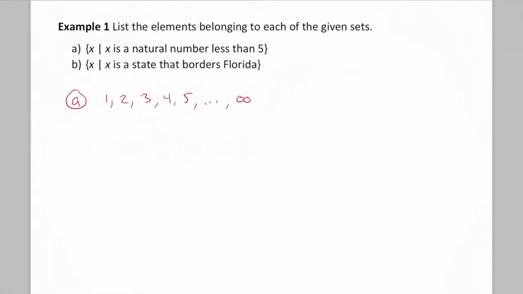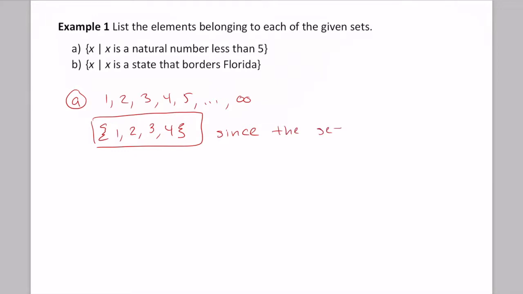So if we have this, then our set, which has to be between the braces, we know that it's {1, 2, 3, 4}. And this would be our answer since the set states less than 5.